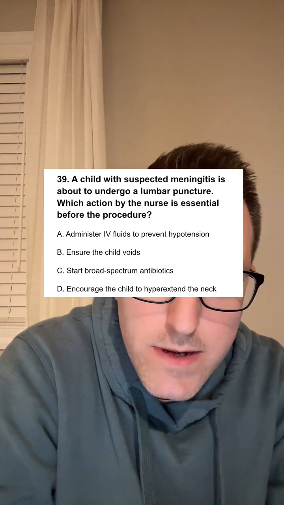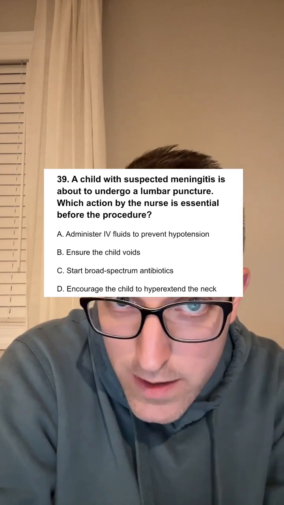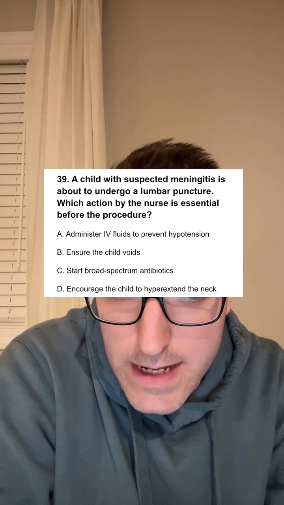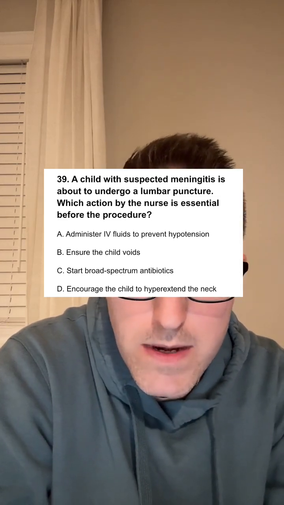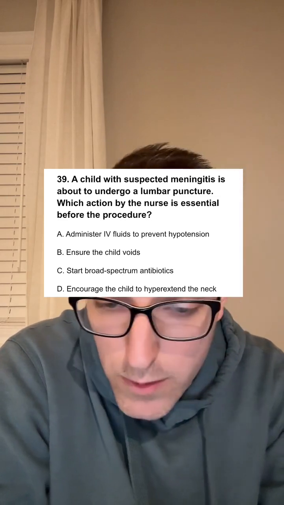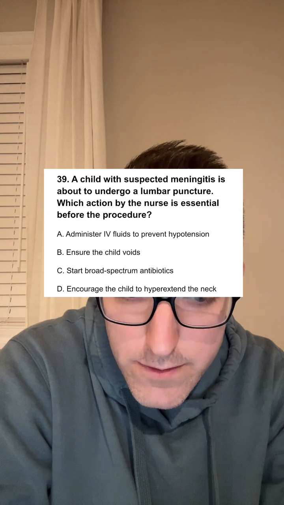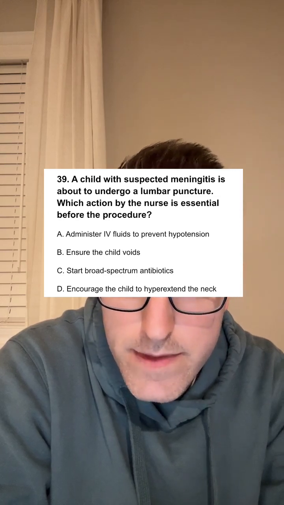C is the answer because we do not delay antibiotics, since meningitis progression is rapid. We need to get those antibiotics started right now. A is wrong because fluids may be needed later, but are not the priority. D is just dangerous, and we don't want to do that.